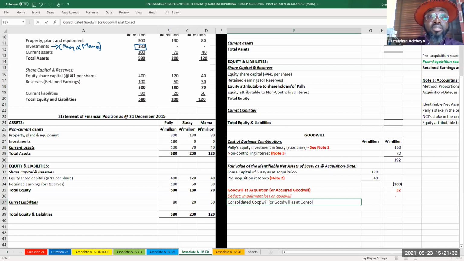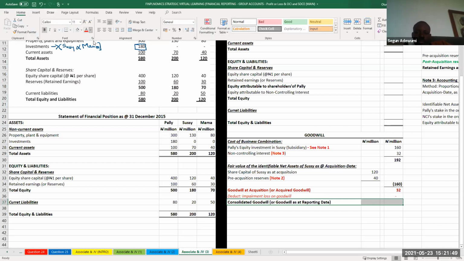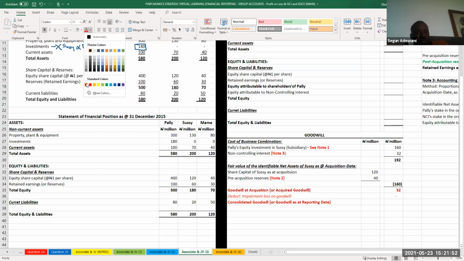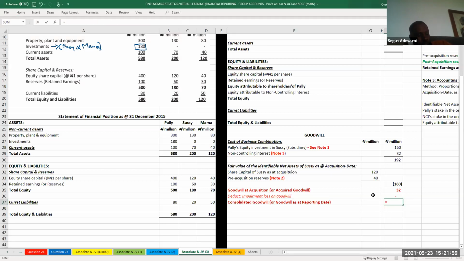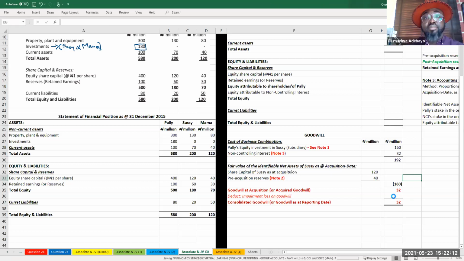as at what date. Okay. That's that. Now that means our goodwill is 32.